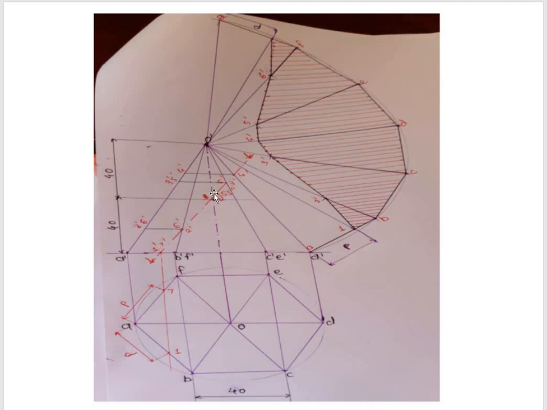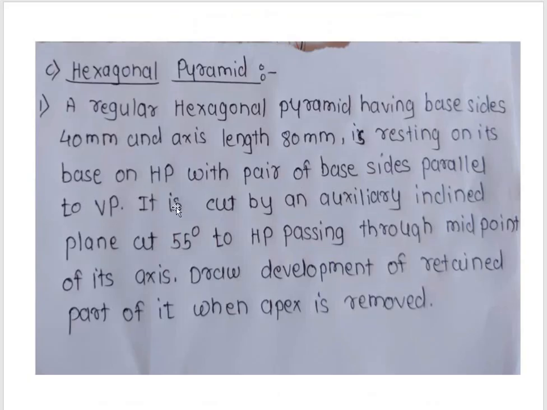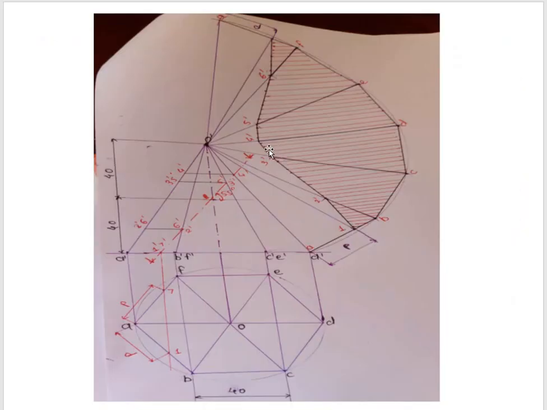And after that, what they have given in the numerical: it is cut by an auxiliary inclined plane at 55 degrees to HP, passing through the midpoint of its axis. It means you have to draw the AIP at the midpoint but at 55 degrees to HP.